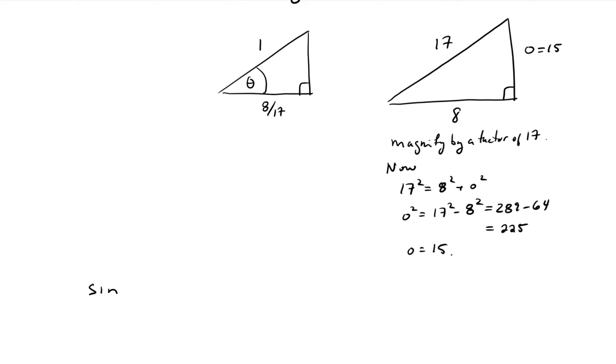If I look at sine of theta, well, sine is what? It's opposite over hypotenuse. Cosine is adjacent over hypotenuse, and this is where I'm going to adjust those values. Okay, so we said we're in the second quadrant.